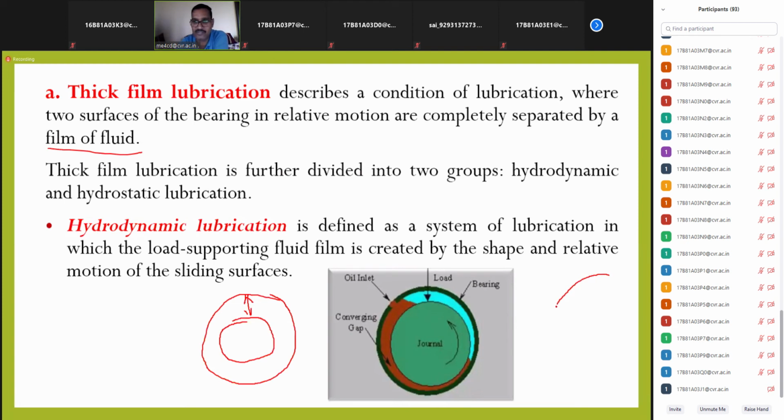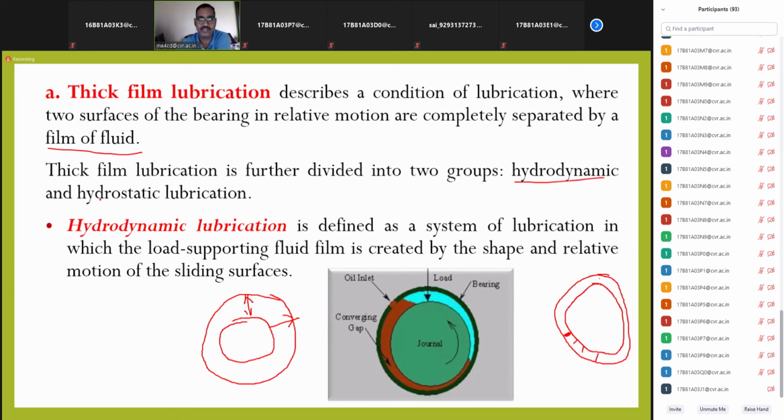For example, let us suppose this is a circular shaft. And this is a thin film. Compared to this, see the thickness here and the thickness here. So the surfaces are completely separated by a full fluid film.